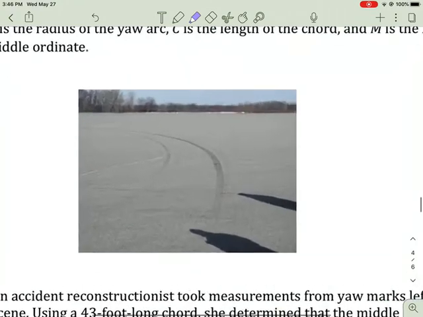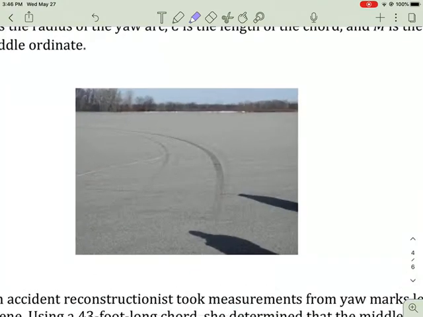So if I was looking at these yaw marks, drawing a line from here to here would be your chord. Then we would find a perpendicular line segment. There's our little perpendicular, and that's going to be our M. So this would be C, this is going to be M, and that gives us the radius of the circle they used to figure out your speed.